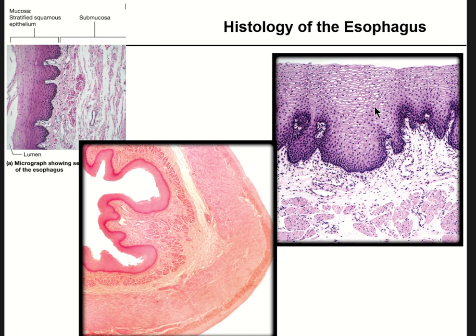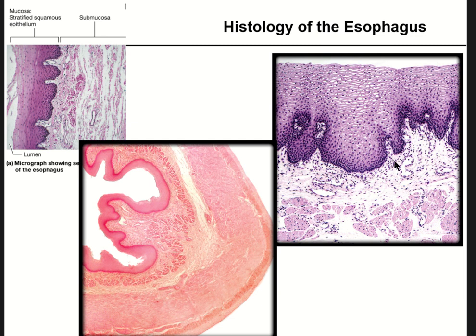We wanted very thick layers of squamous cells for protection, and that's exactly what you want to do with the esophagus. When you take that giant bag of Doritos that you just pretty much inhaled and didn't thoroughly chew up, you don't want it to be scratching and really being abrasive to your tissues as it makes its way down. So you want a very thick layer. So as soon as you see this, I want you to think esophagus.